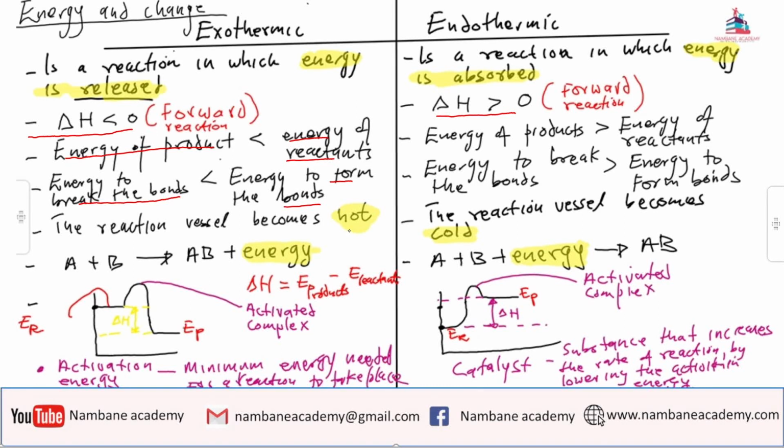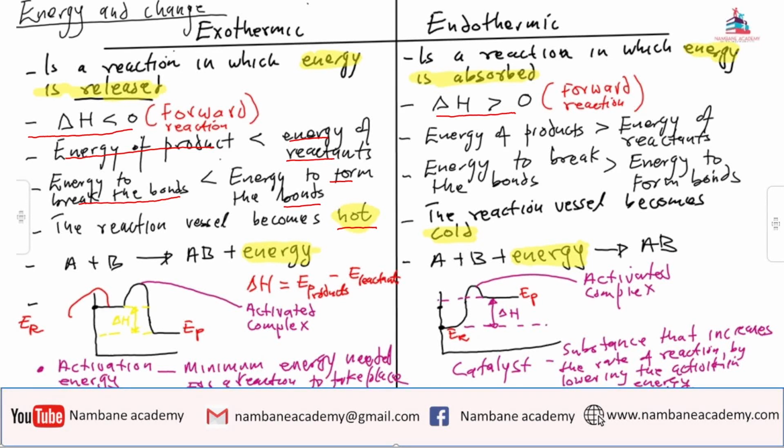The reaction vessel becomes hot. The learners were performing an experiment. They realized that the reaction vessel becomes hot. What does that tell us? It tells us that the energy is released. When the energy is released, the reaction vessel becomes hot. When it becomes hot, we can associate that information with an exothermic reaction.